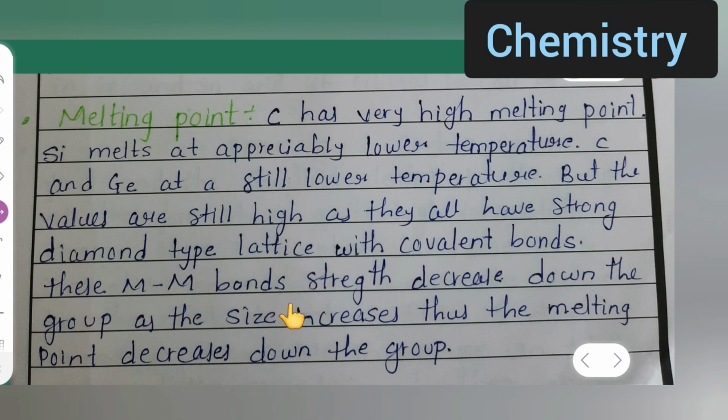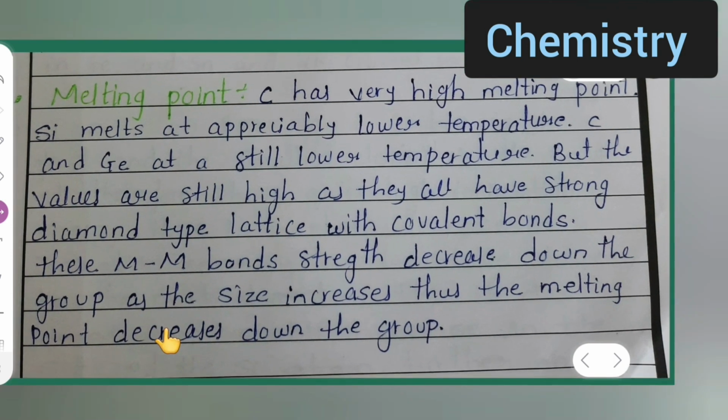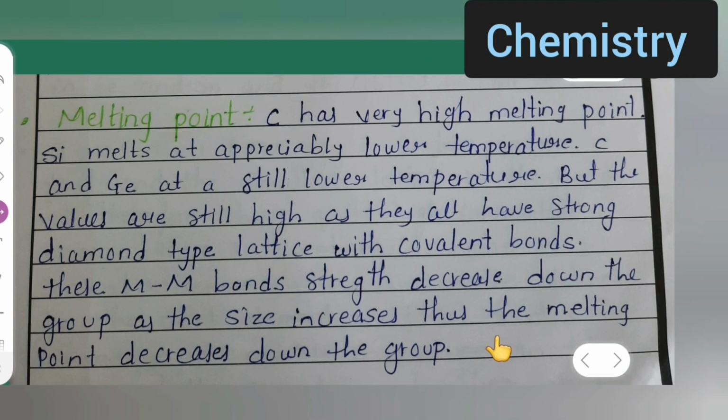This bond strength decreases down the group as the size increases. Thus, the melting point decreases down the group. You all can again take down this part.